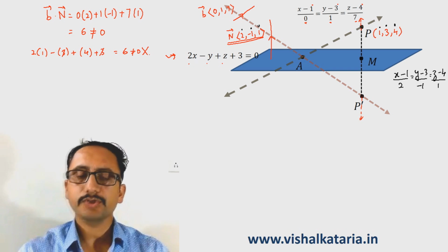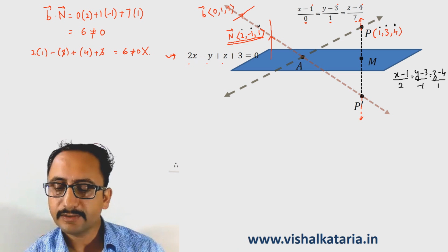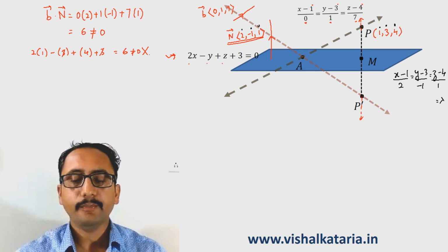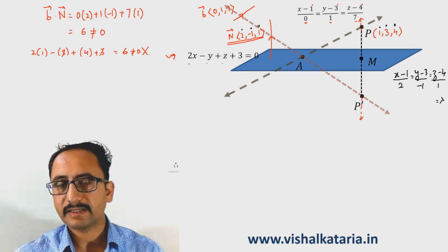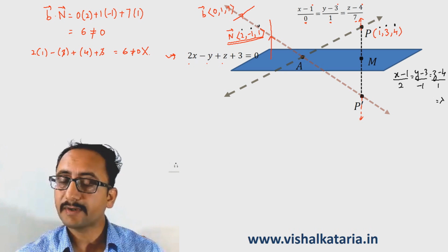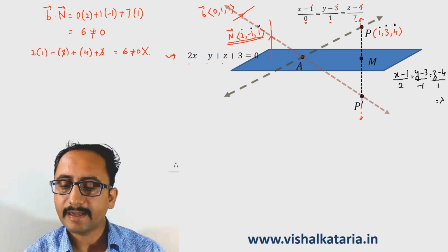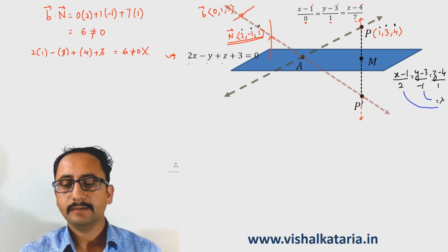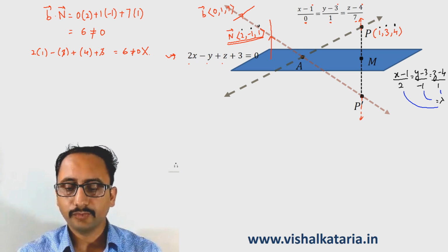So this is the equation of the line which passes through PP dash, and if I take this equal to lambda, every point on the line passing through PP dash must satisfy this equation. M also lies on the same line, so M will also satisfy this equation, and I can express the coordinates x, y and z as 2 lambda plus 1, minus lambda plus 3, and lambda plus 4.